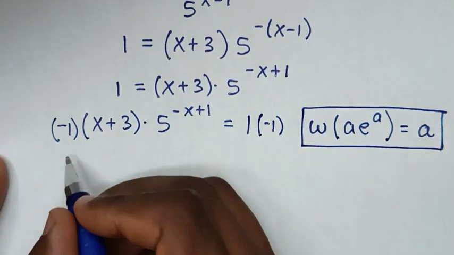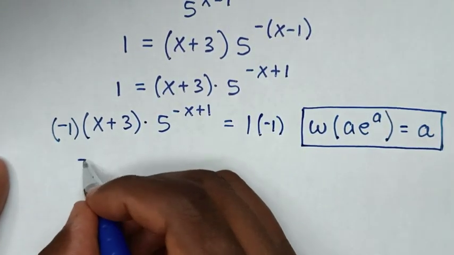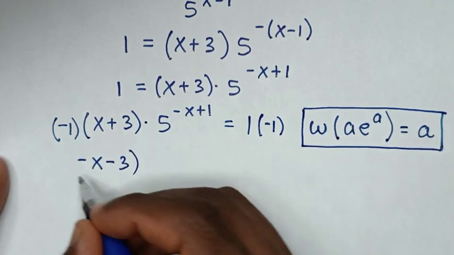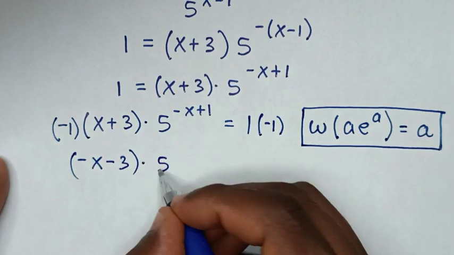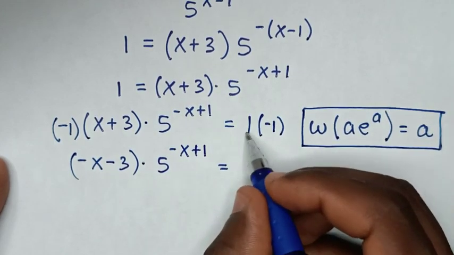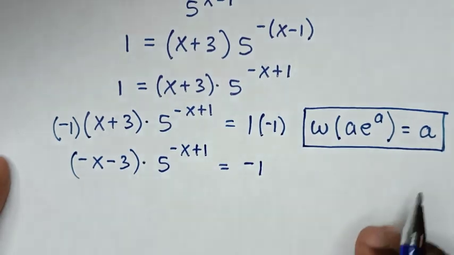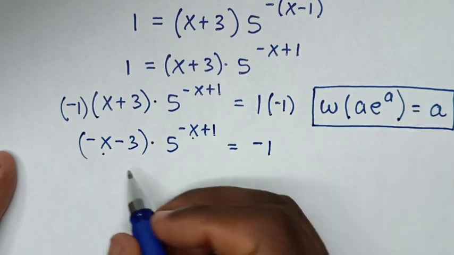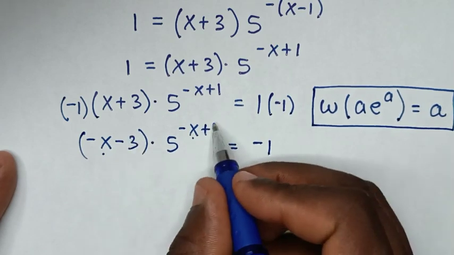Then negative times x will be negative x, and negative times 3 will be negative 3, then bracket times 5^(−x+1) is equal to this, and this is negative 1. Then from here it is negative x, negative 3, 1.